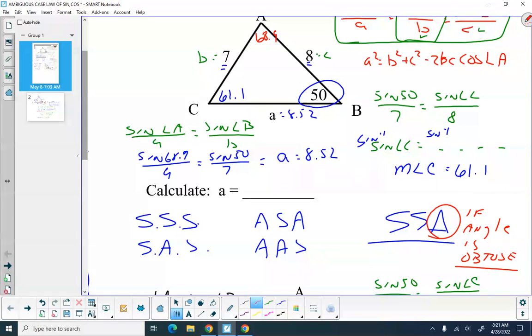L'Hopital is a French guy. You'll learn about L'Hopital if you go into calculus next year. The sordid tales of the math world back then. L'Hopital was a wannabe.